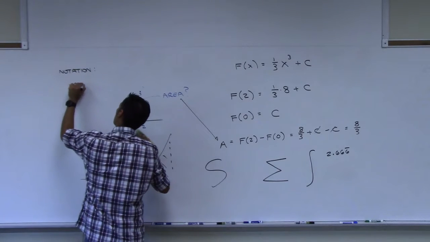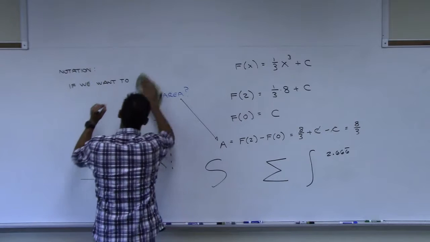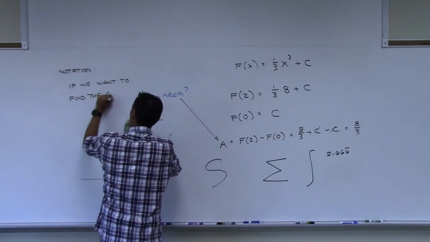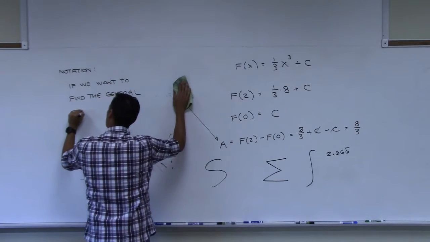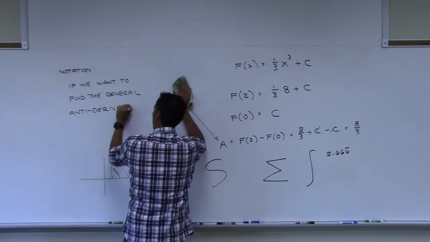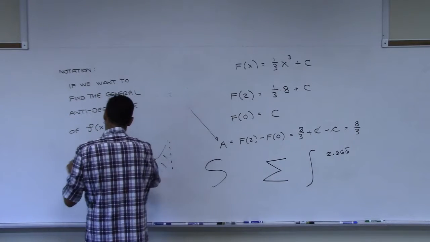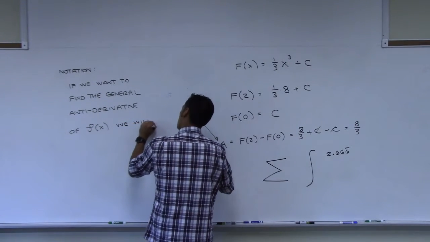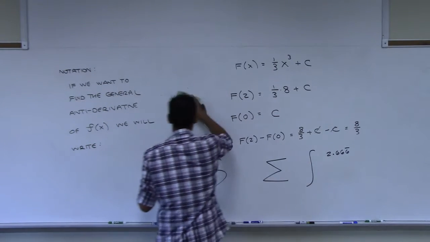If we want to find the general antiderivative of f of x, we will write the following.